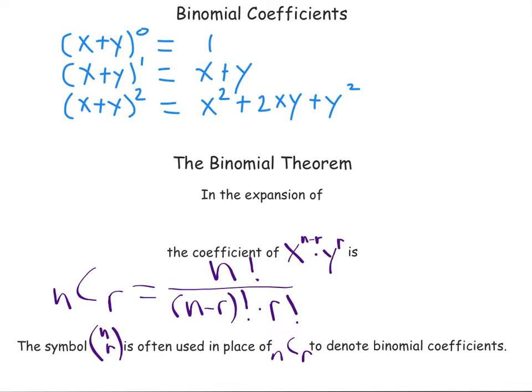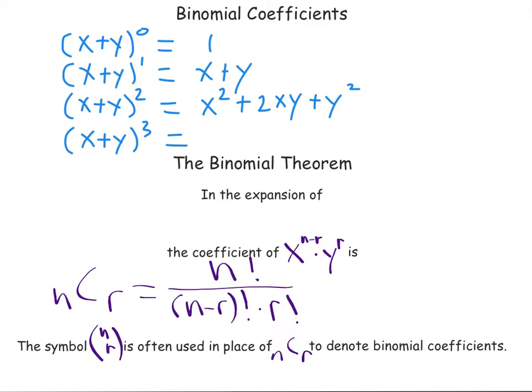Now I keep raising the power, and this is kind of what the binomial is after. Here, if I didn't give you anything else in terms of how to do this, you might write it out as x plus y times x plus y times x plus y.